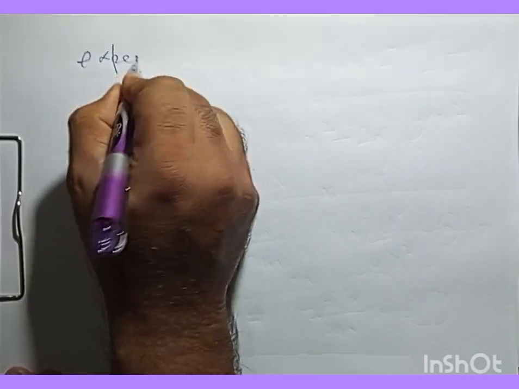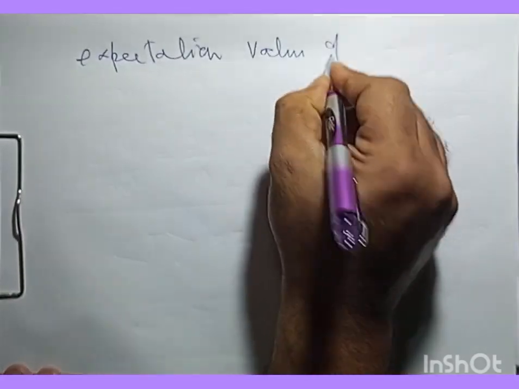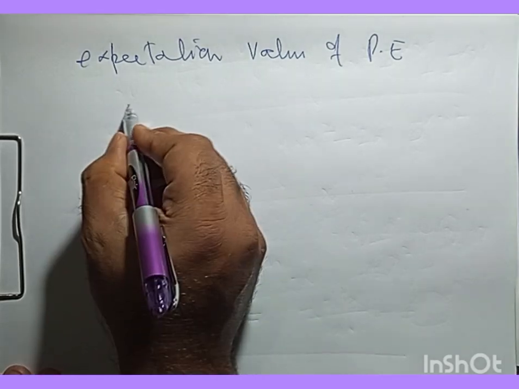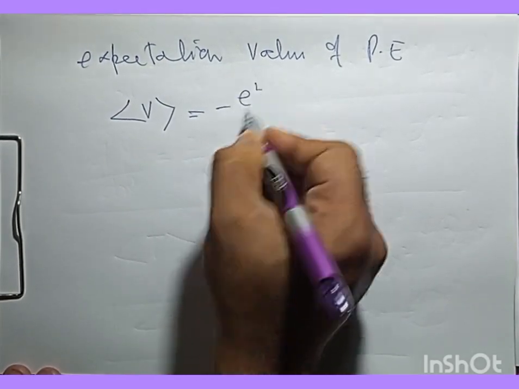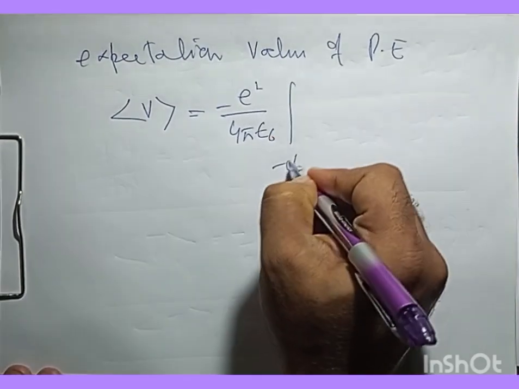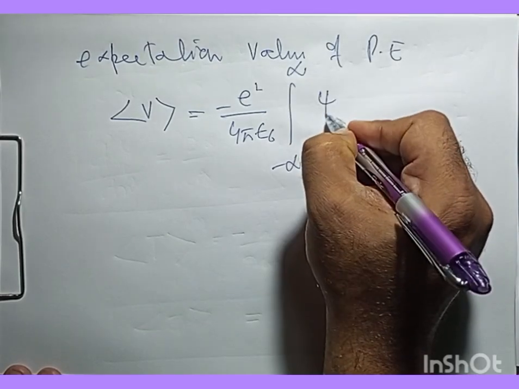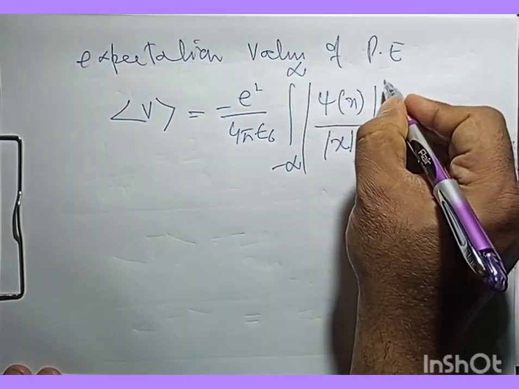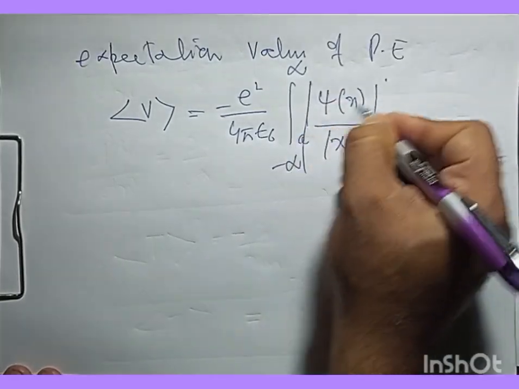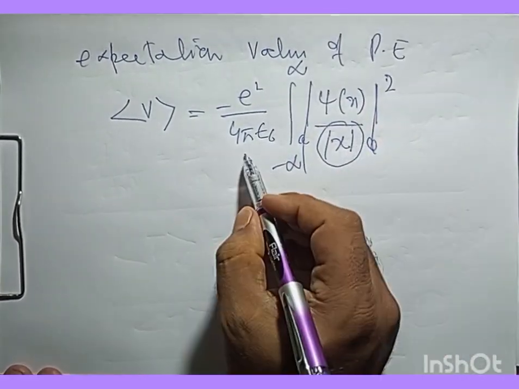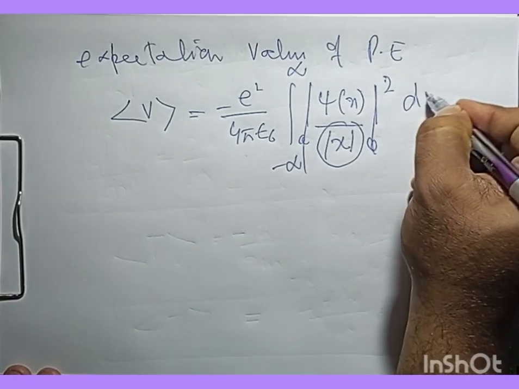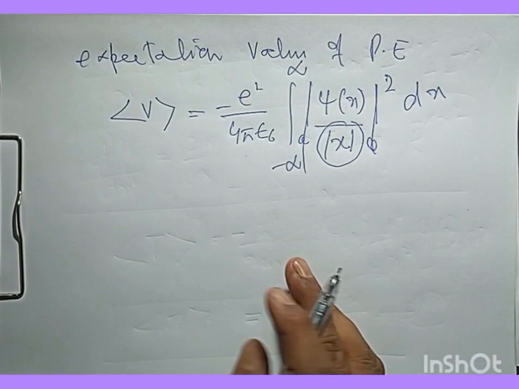We have the potential energy operator, so now the expectation value of the potential energy term. We can write it as minus e square over 4 pi epsilon naught, then the integral from minus infinity to infinity of the square of the wave function, psi of x squared, divided by the magnitude of x, which is linked with the potential energy operator. Here we will have dx.